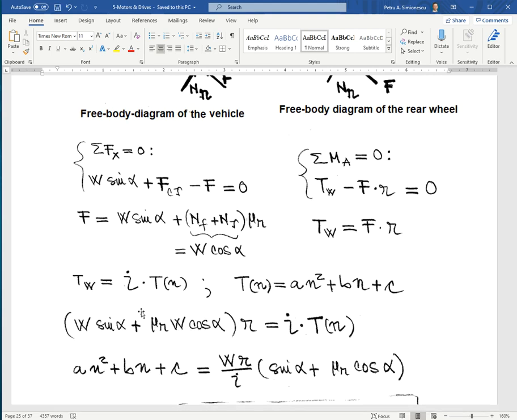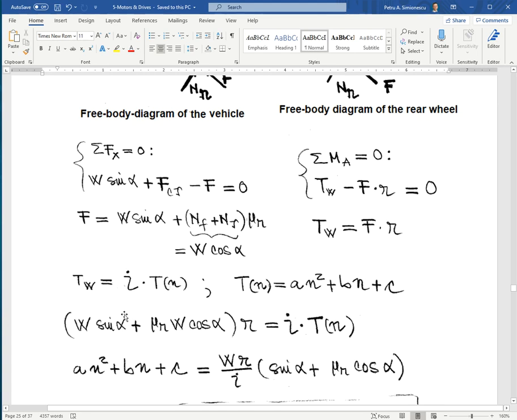We then eliminate the friction force between these two equations, and then take the wheel torque and convert it into resisting torque at the crankshaft.